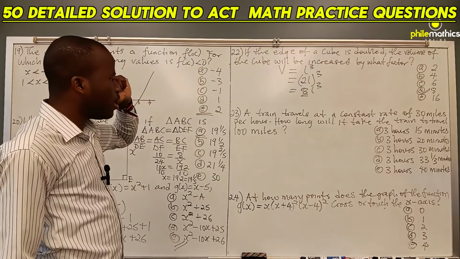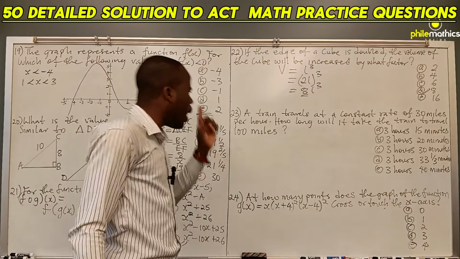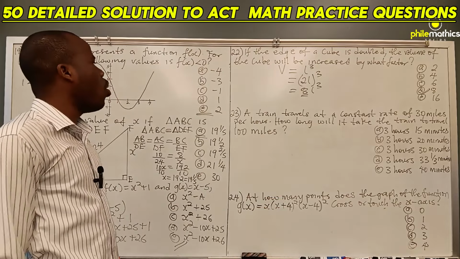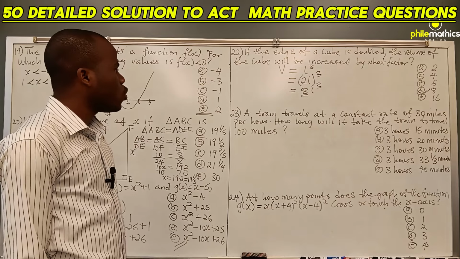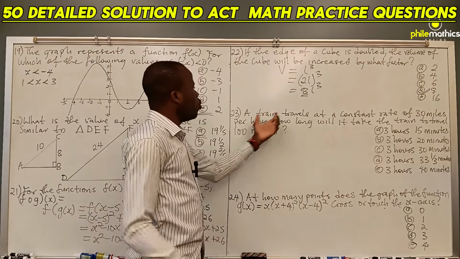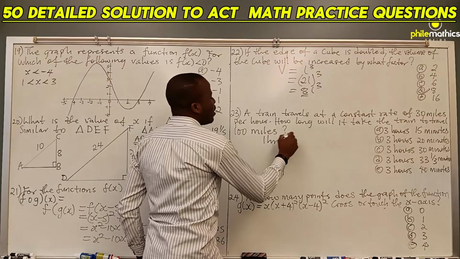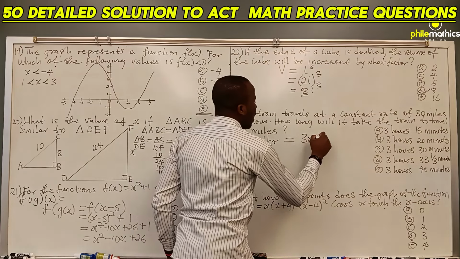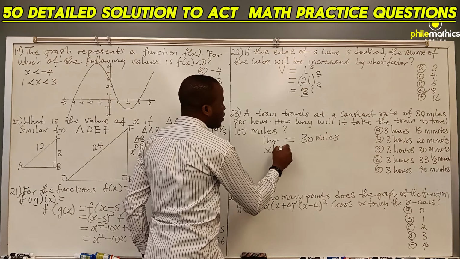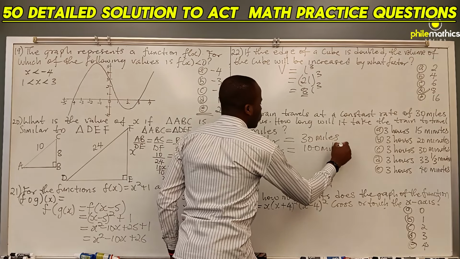23 says, a train travels at a constant rate of 30 miles per hour. How long will it take the train to travel 100 miles? Since we are looking for the time, we'll say for 1 hour, it travels 30 miles. For x hours, it travels 100 miles. So how do we look for x?